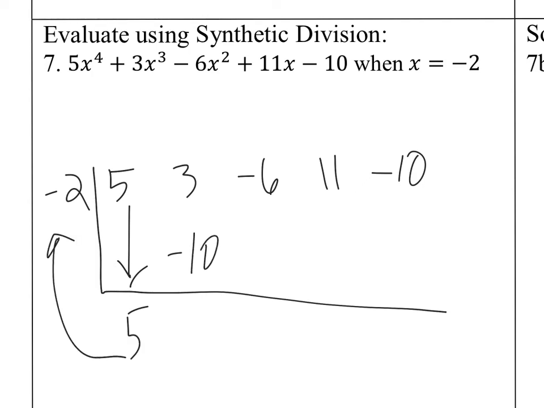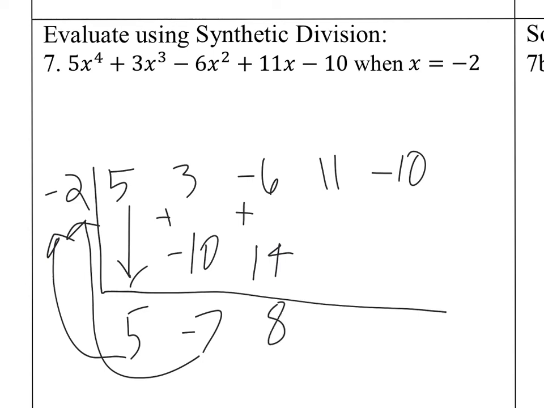That'll make negative 10. So what's 3 plus negative 10? Negative 7. So what's negative 7 times negative 2? Positive 14. So what's negative 6 plus 14? 8. What's 8 times negative 2? Negative 16. What's 11 plus negative 16? Negative 5.